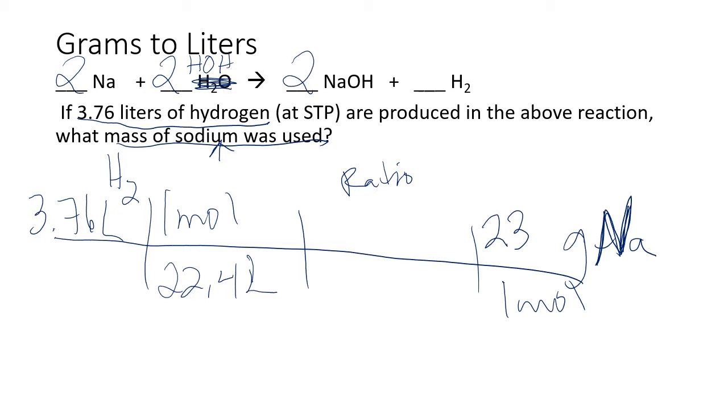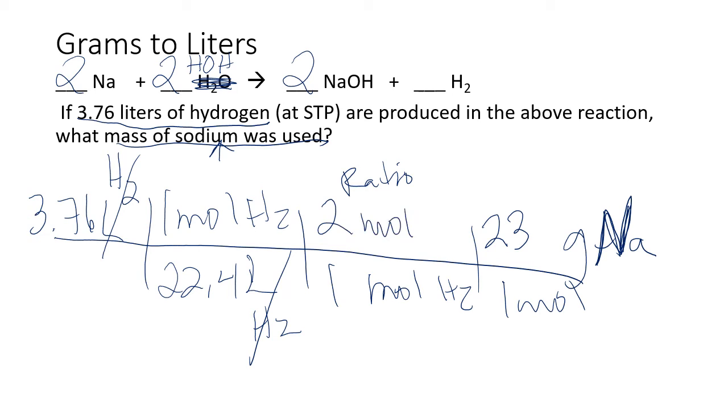So now I have my liters of H2 cancel off. Okay, so ratio between H2 and Na, so I end up with 1 mole of H2 on the bottom, 2 moles of Na on the top. So moles of H2 cancel off. I have my 2 moles of Na here, they cancel off.